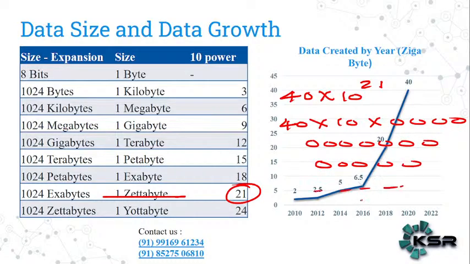It continues to 21 zeros. Now, that is the data growth that has happened in the last few years. See the trend. From 2010 to 2016, the growth was okay. But from 2016 to 2020, see the growth that has happened.